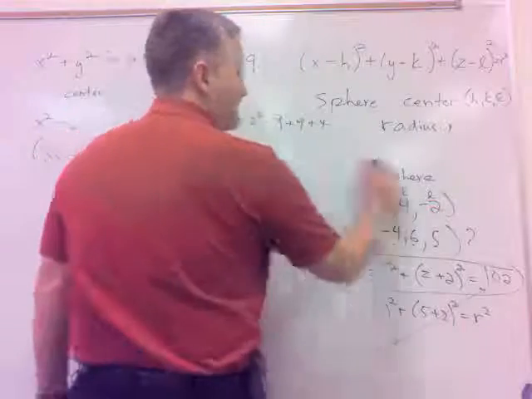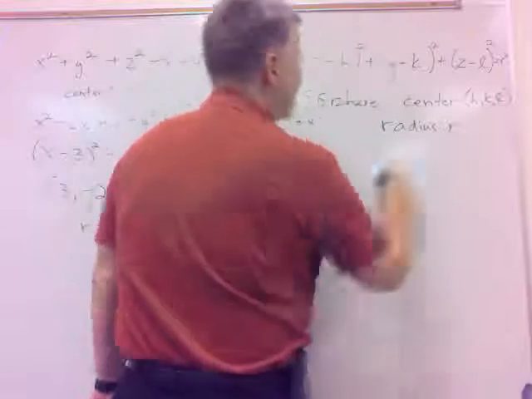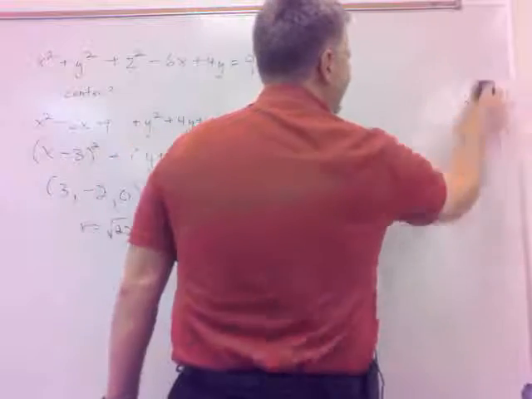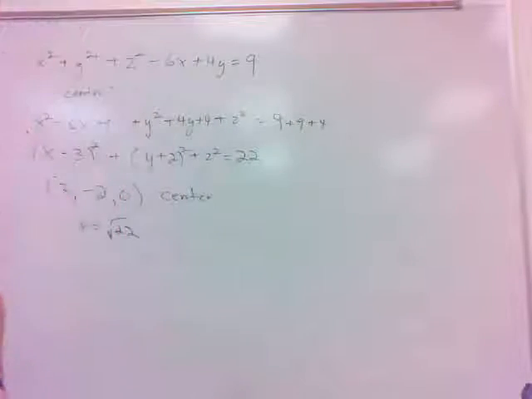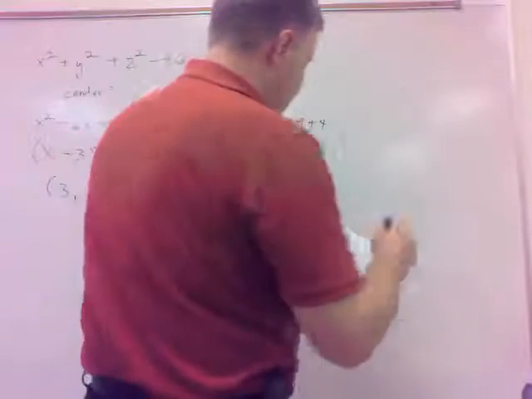So we're just adding in another variable, the z. Yeah, completing the square. We've done this in 2 dimensions a lot. Now we're just going to do some of it in 3 dimensions.